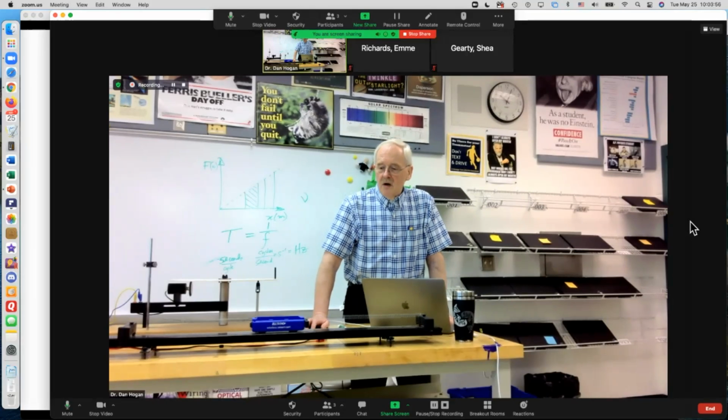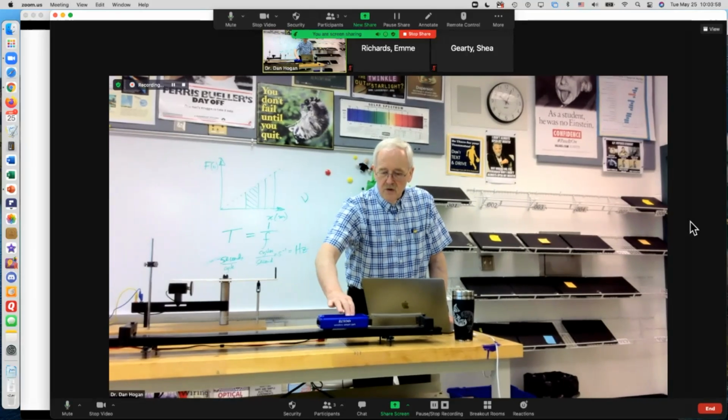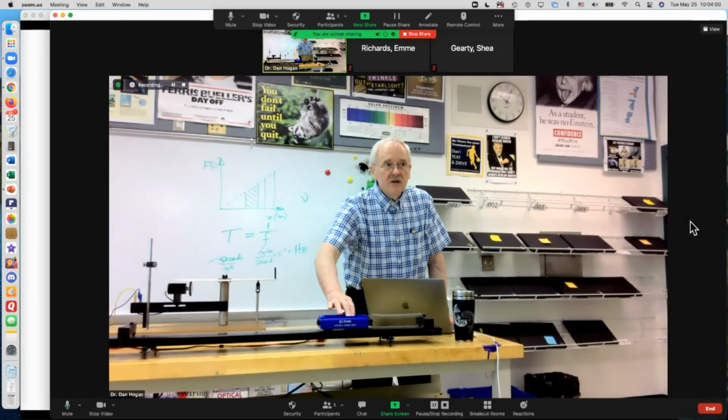Who can tell me what the energy is like at this position? Well, there's no kinetic energy and there's a lot of potential energy. Right. So what would that equation change to? I'm not sure.